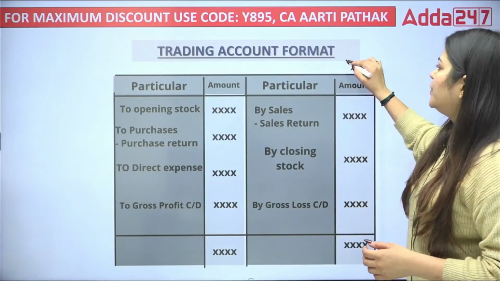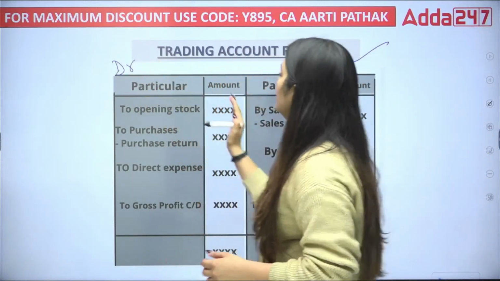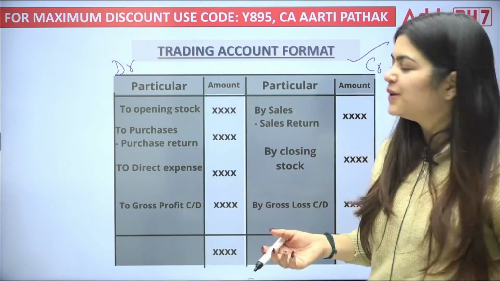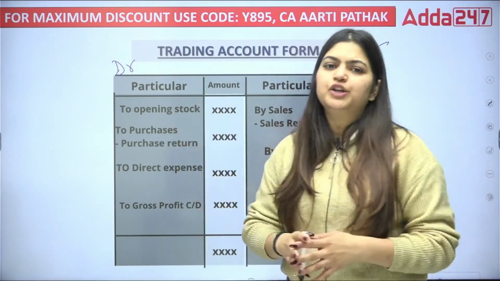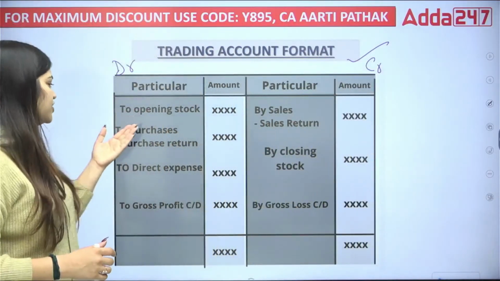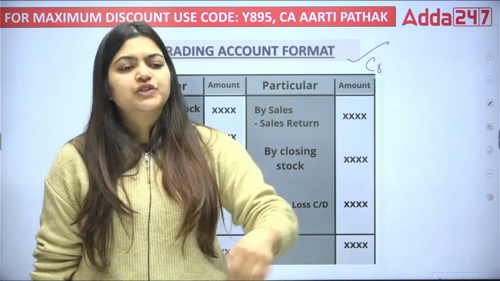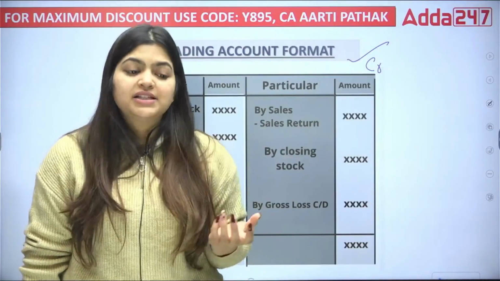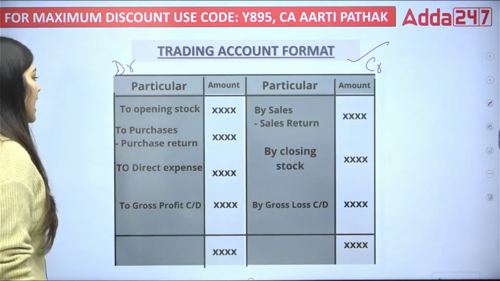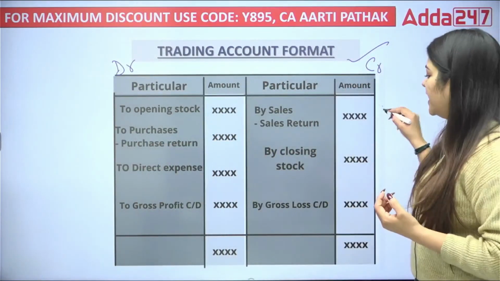In the trading account format, one side is of course going to be your debit side. The next side is going to be your credit side, as it is a T-shaped account. Now, on the debit side, you will record all your expenses, like your purchases and direct expenses. Direct expenses means the expenses you have incurred for purchasing the goods which you are selling. On the credit side, you have sales and closing stock.